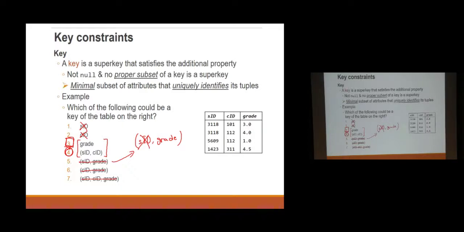Is that clear? So I repeat, you need to have minimal, not minimum. Minimal means that you cannot remove any of its attributes. The reason I repeat this is that this definition is going to be important later on, and by that time most of you will probably have forgotten it. So based on this definition, the only two possible keys are number 3 and number 4.